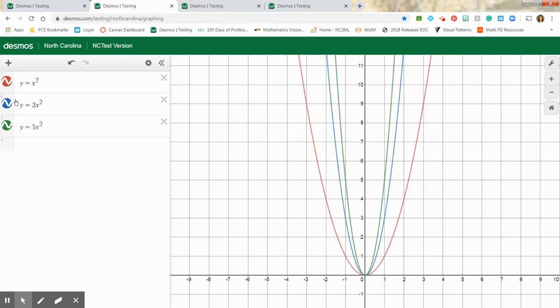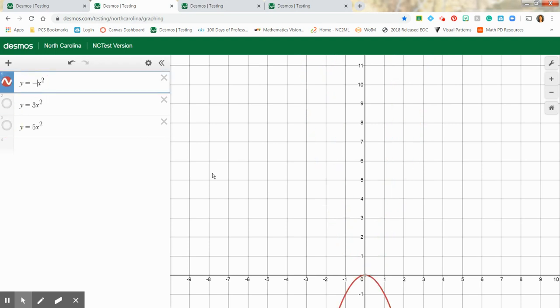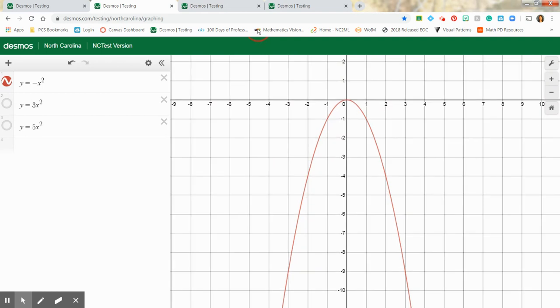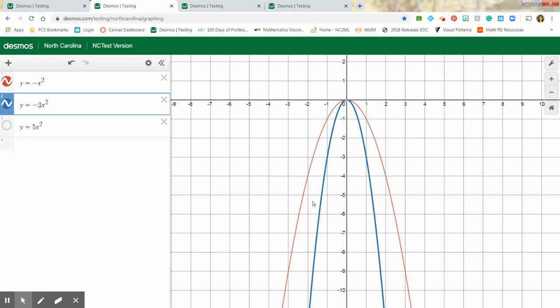Now, if I'm going to turn these off for just a moment, if this was negative and I was comparing all of these with negative, I would see the exact same thing, except now my y values would be getting larger in the negative direction faster.